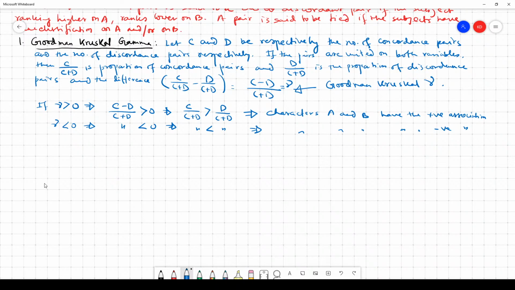We see that Goodman-Kruskal gamma treats the characters symmetrically.